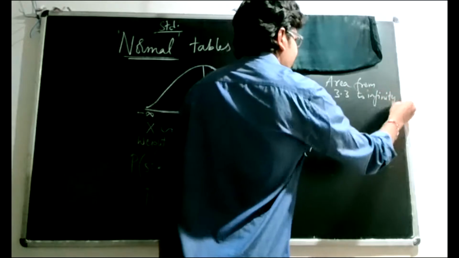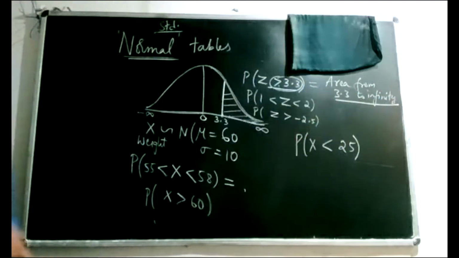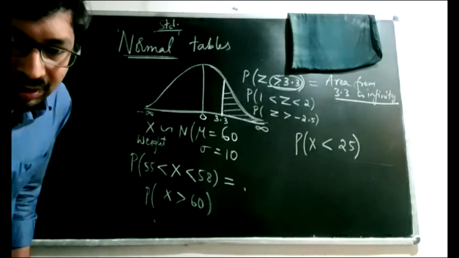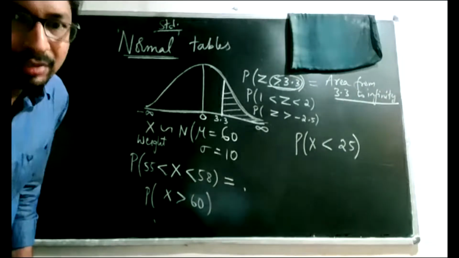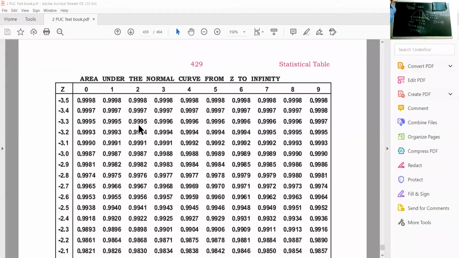Now use a normal table which produces values from z to infinity, and that is what the tables we have here do. So this is giving you the answer from a particular z up to infinity. See, read the title, area under the normal curve from z to infinity. Now my z I'm interested in here is 3.3.